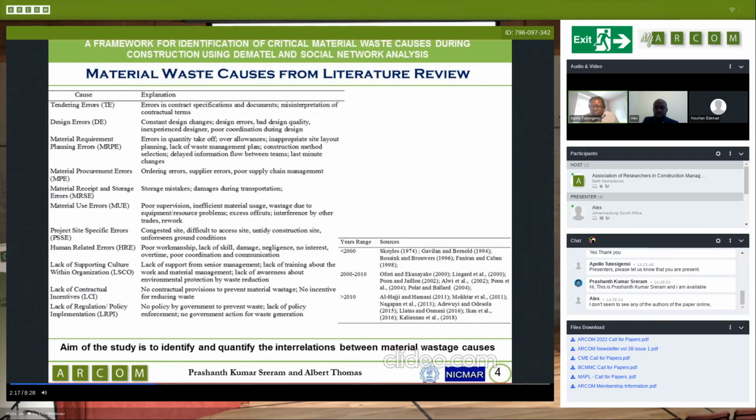While there are many studies which have used interviews and questionnaire surveys to rank all these causes, the research on understanding interrelations between these causes is limited. Therefore, this present study tries to understand the interrelations between the causes. Interrelation means that each category may lead to another category of causes, leading to material waste at site.